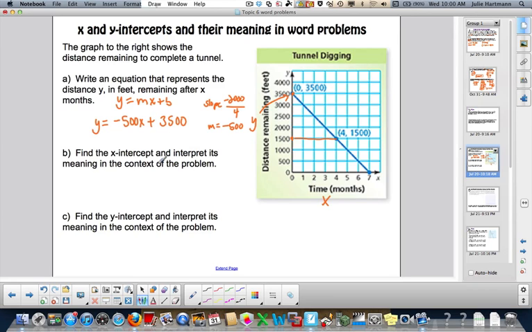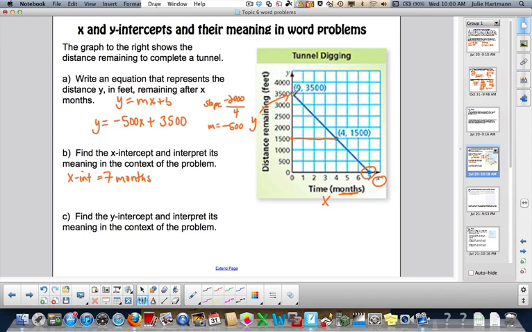Find the x-intercept and interpret its meaning in the context of the problem. Okay, x-intercept, x is down here, so our x-intercept equals 7. Now, units are 7 months. When it says interpret its meaning in the context of the problem, well, this is tunnel digging. The graph shows the distance remaining to complete a tunnel.